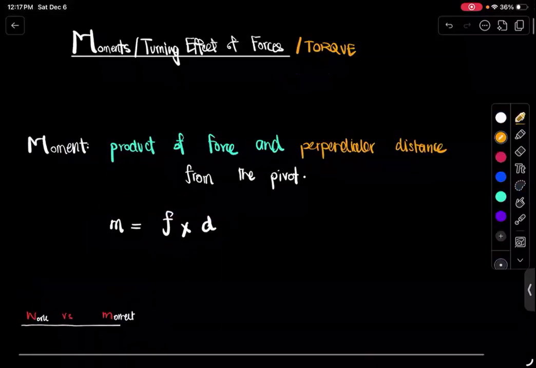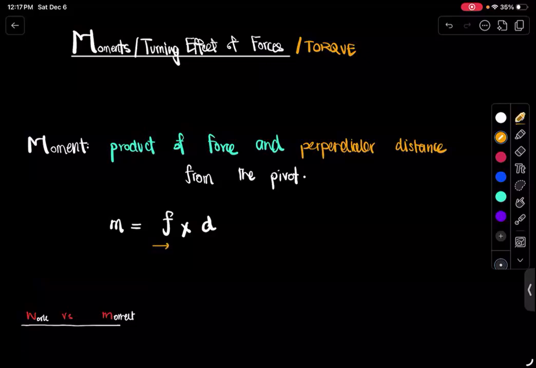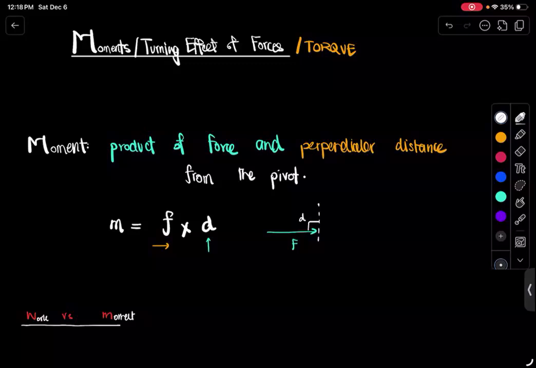So when you use the force in this direction, then the distance has to be perpendicular. If the force is in this direction, then the distance that you're taking should always be at a 90-degree angle. Okay, so that's a prerequisite to moments.